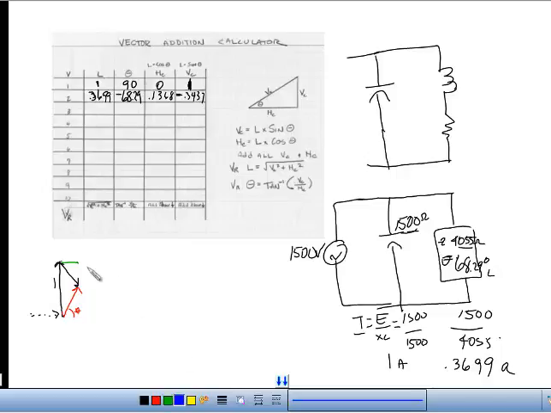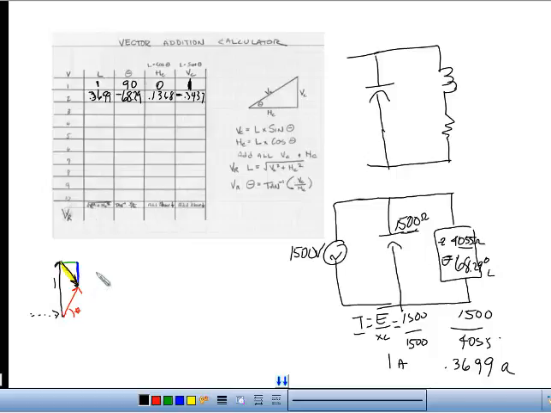We're going down 0.3437. And that makes our total inductive vector, this line right in here that I just colored yellow, and these two horizontal and vertical components add up to that 0.3699.